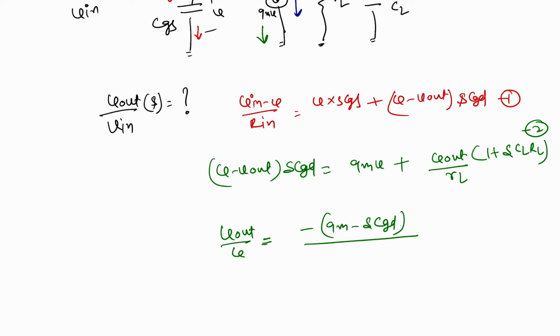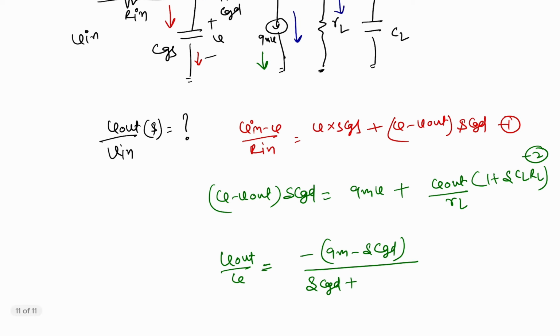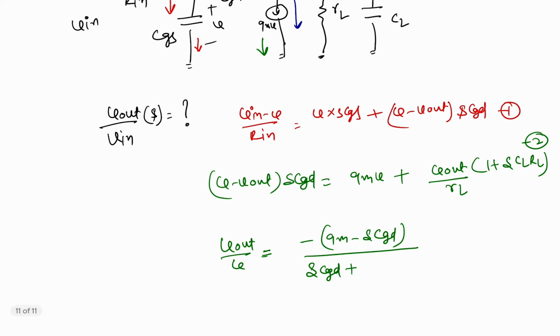The coefficient of V out will be s Cgd plus the coefficient 1 plus s CL RL divided by RL.